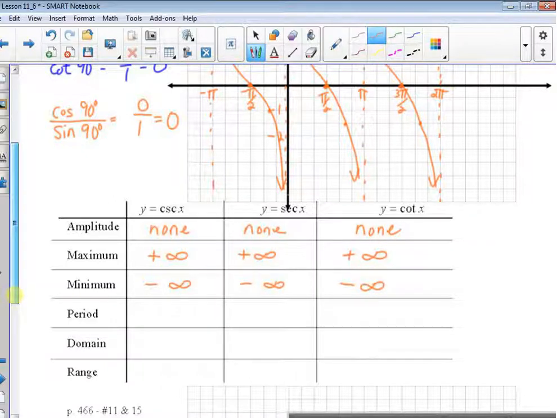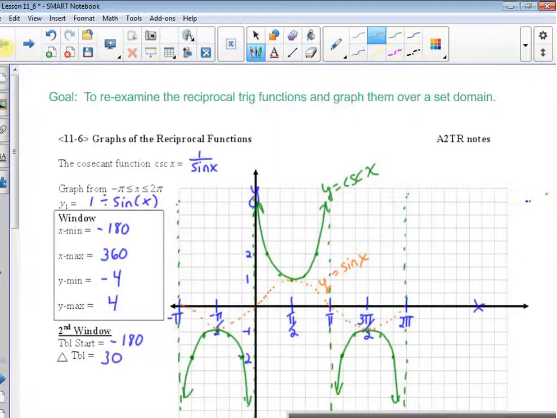And the period, if you look back at our sine and cosine, cosecant, it looks like we get these two. You can't say that one single parabola-looking piece is one complete cosecant curve. It actually takes the downward one and the upward one.